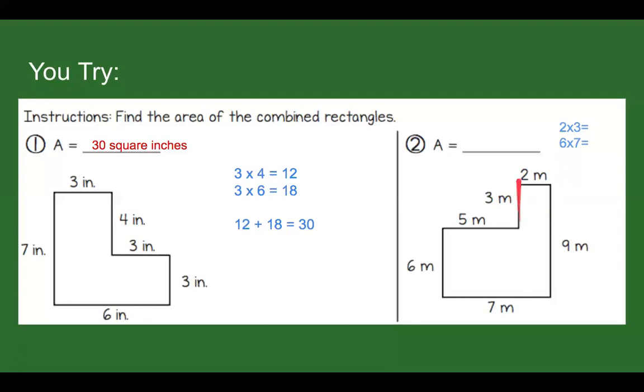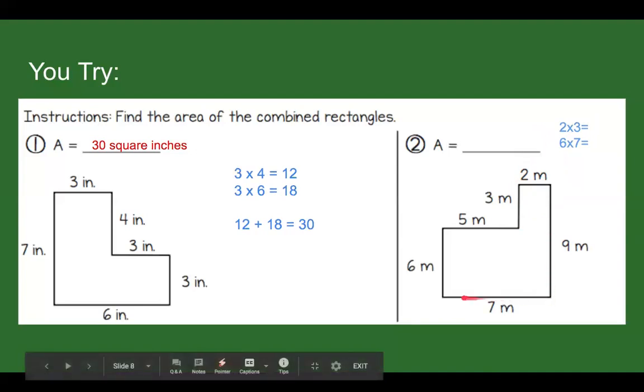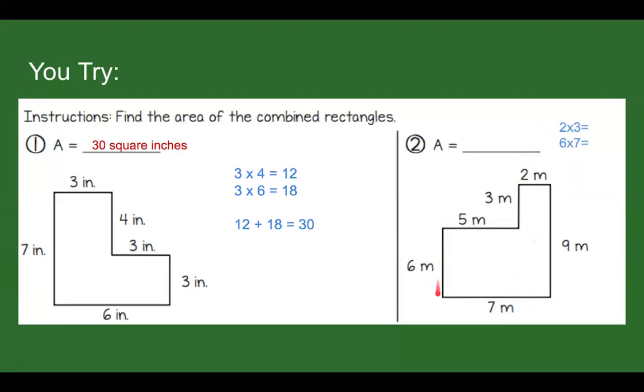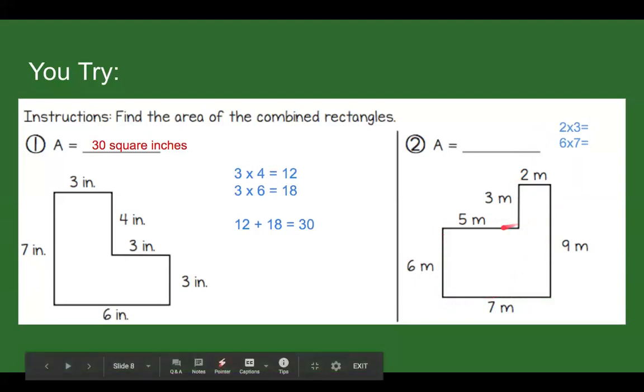So then I said 2 times 3 for this rectangle because the width is 2, the height is 3. So 2 times 3 is going to give me the area of just this little section. And then do 6 times 7 to find the bigger rectangle in this figure, because you'll notice that the length of that whole part is 7, or the width is 7, and the height is 6. 6 times 7 will give you the area of this whole figure.